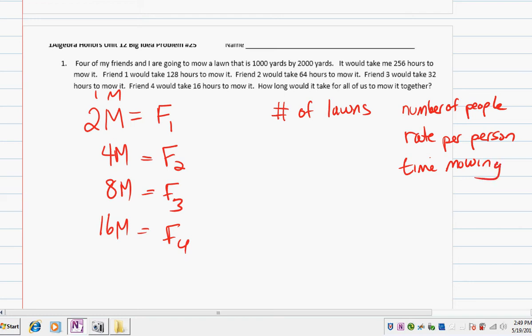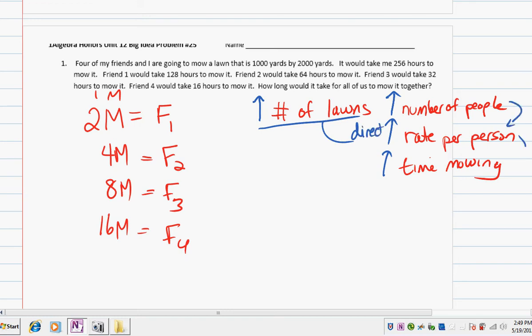And in fact, as the number of lawns, let me just use up for now. If I want to mow more lawns, I can add more people, I can increase the rate, or I can increase the time. So in other words, this is all directly related to each of these.